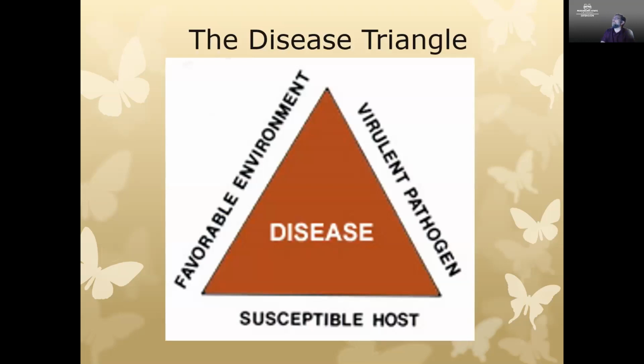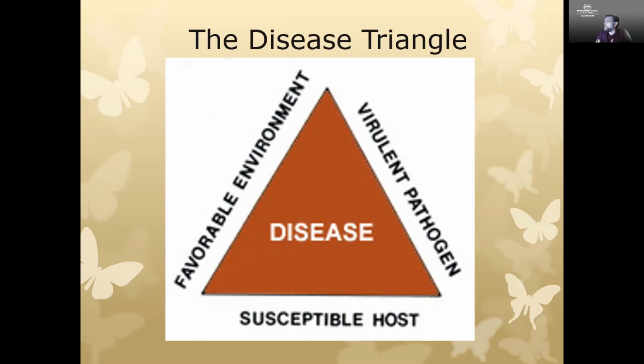A really important concept when we talk about plant disease is what we call the disease triangle. The disease triangle gives us a really good way to think about how disease occurs in whatever environment we're dealing with, whether it be ornamentals or vegetables or any crop. In order for disease to occur, the first thing you require is a plant that is going to be susceptible to that disease.